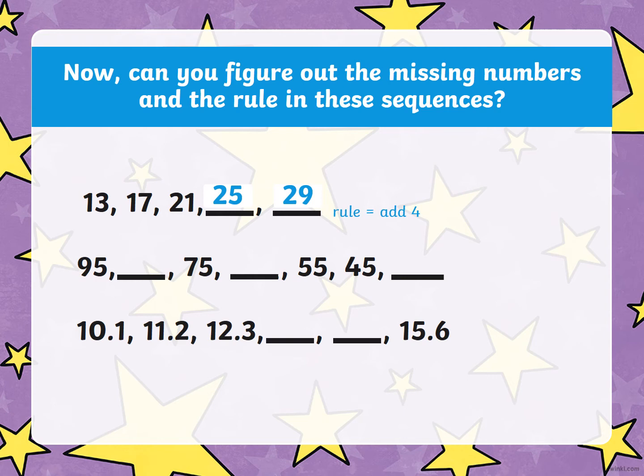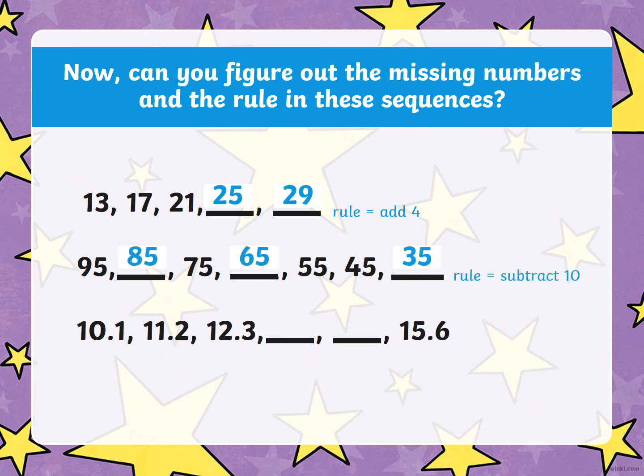Now, remember, it starts at 95 and the numbers get smaller. So to get from 55 to 45, what would you actually do? You think? I'll give you a clue. To take away. So how much would you take away to get from 55 to 45? You would take away 10, wouldn't you? So let's see if taking away 10 from 95, what would that give us? Have a think.